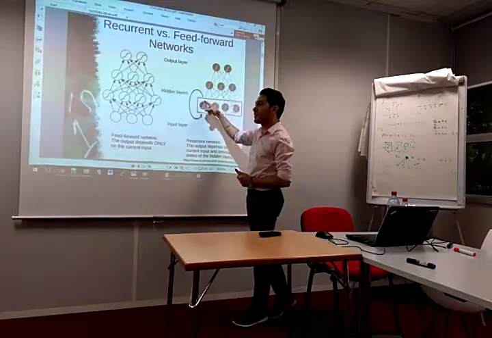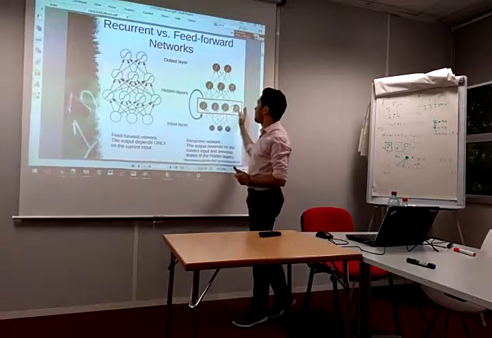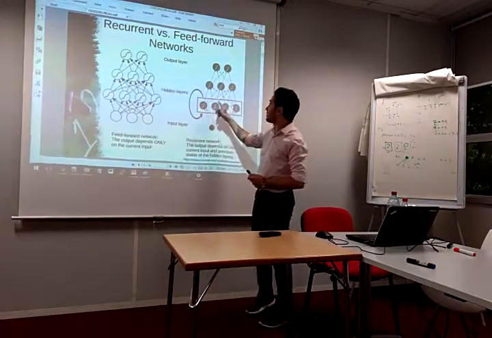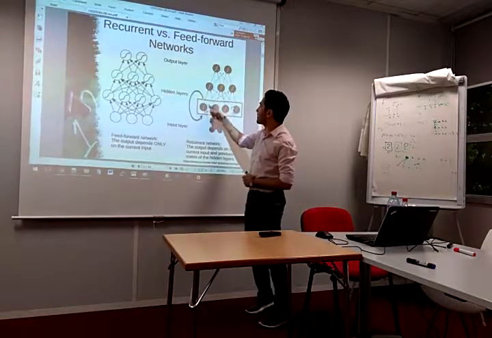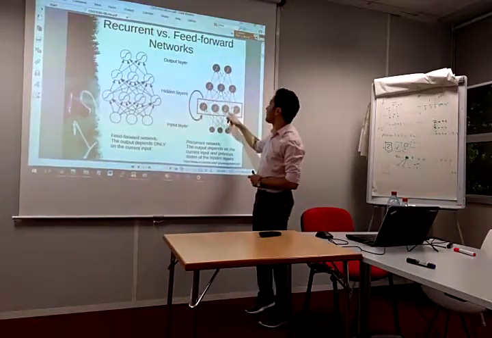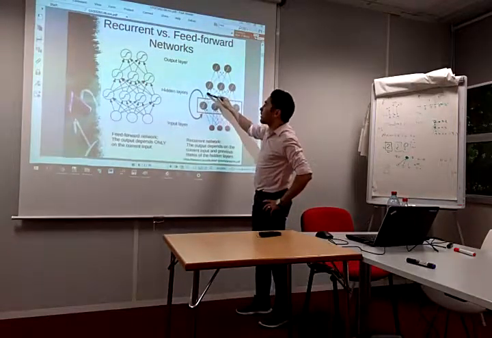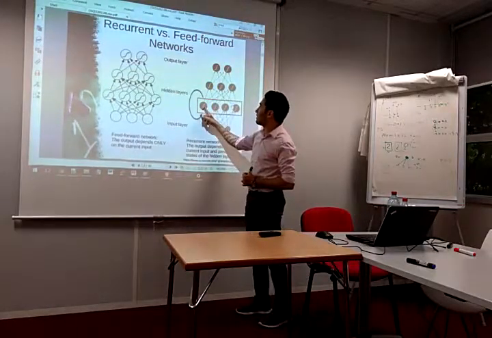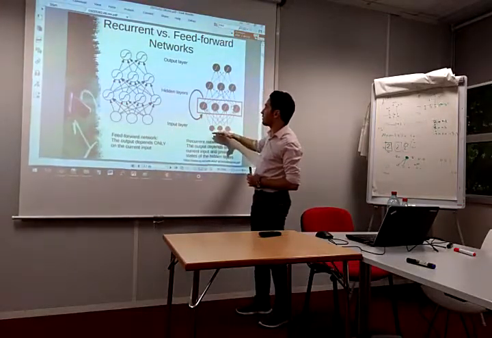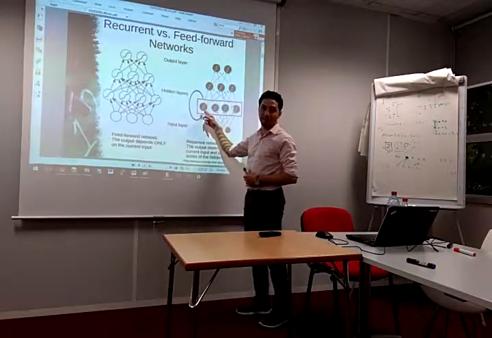So we have a weight that connects this neuron with itself, and the same for all the data. Okay, this neuron has a different weight that connects itself with its output. The same here and the same here. So the output of this neuron now comes from the current input, plus the previous value of itself.